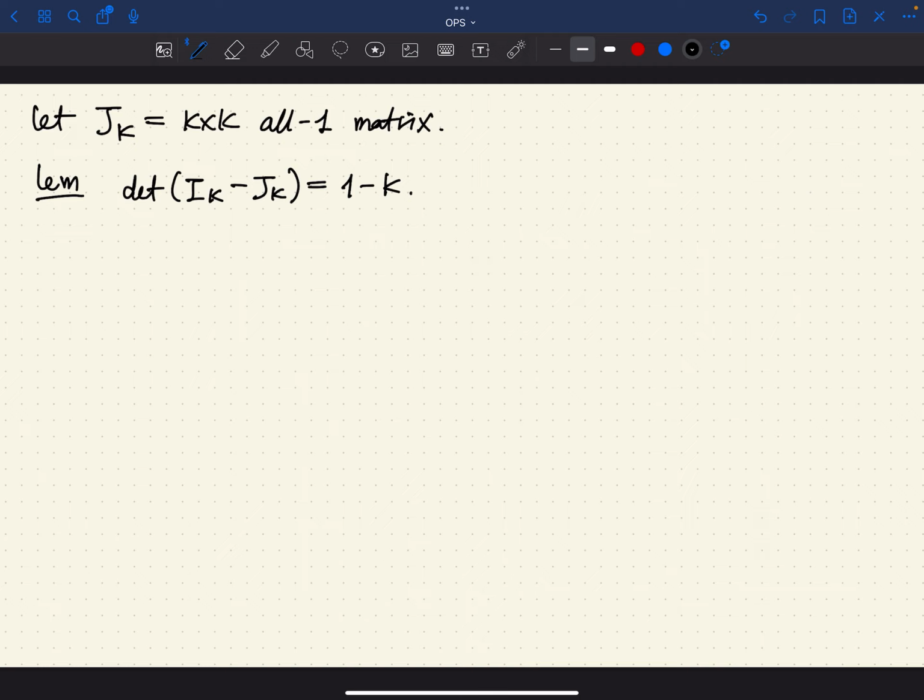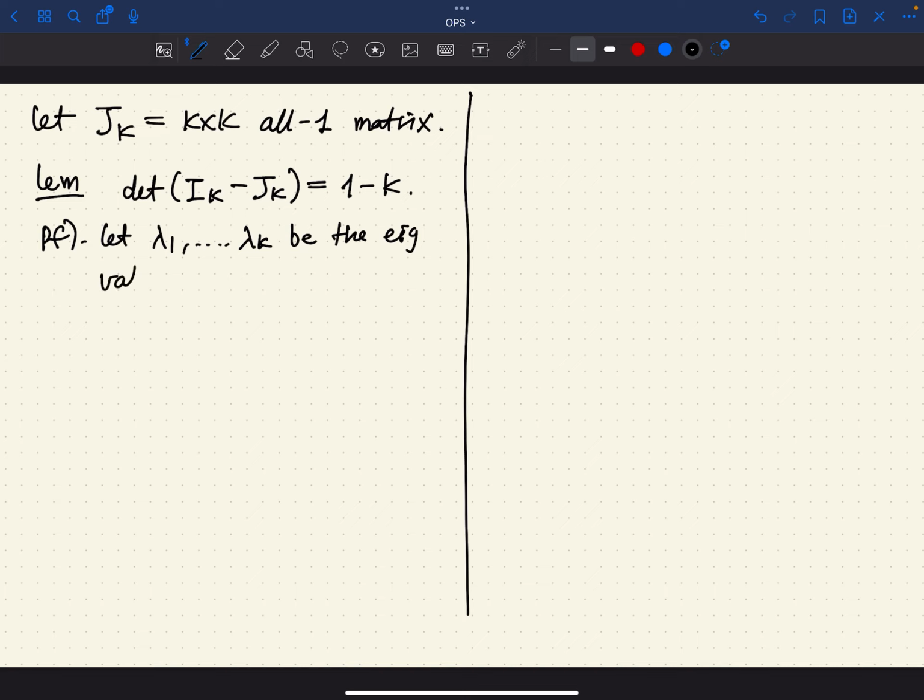Some linear algebra, but the proof is: let lambda 1, ..., lambda k be all the eigenvalues of J_k. Then the characteristic polynomial is the product of these factors, right?